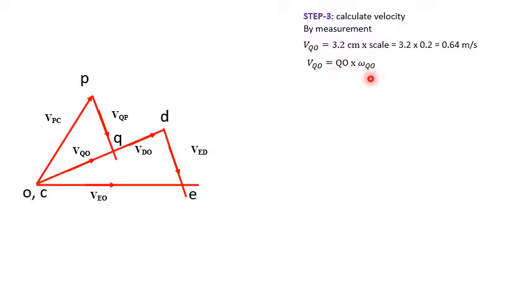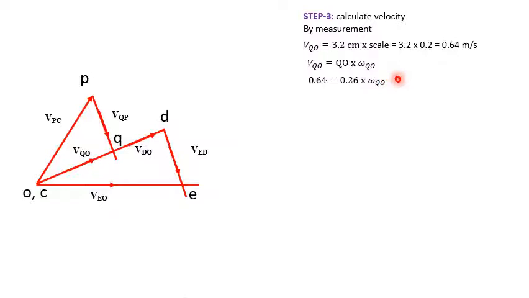For this velocity, we are finding the angular velocity of QO, because in order to find the Coriolis component of acceleration, we need this angular velocity. That's why we are finding this velocity. In the problem, it is not asked to find the angular velocity of QO, but it is required in order to find the Coriolis component of acceleration.